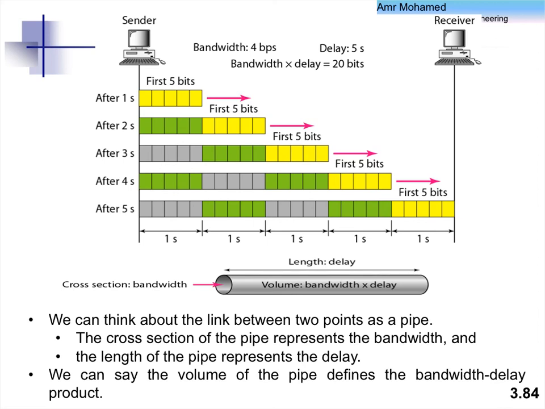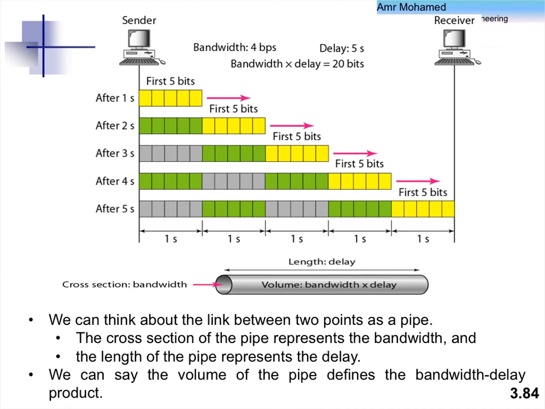So if we were to imagine what this bandwidth delay product means visually, we can assume that the transmission medium is actually a pipe. The length of this pipe refers to the delay, which is the time that the packet will take from the start of the transmission all the way until it gets to the receiver. The bandwidth is actually the thickness or the size of the hole of this pipe.